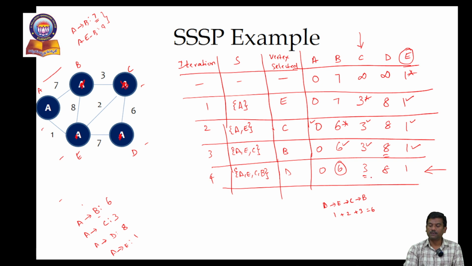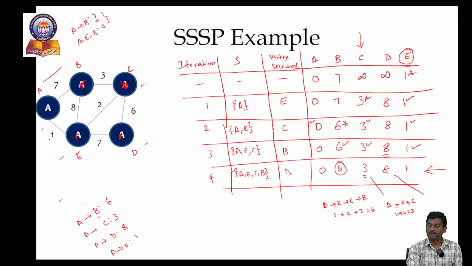And similarly, A to C. So A to C with the cost equal to 3. And what is this respective path? That is A to E to C. That is 1 plus 2. That will be equal to 3. And how about this D with the minimum distance equal to 8? What is the path to be taken?